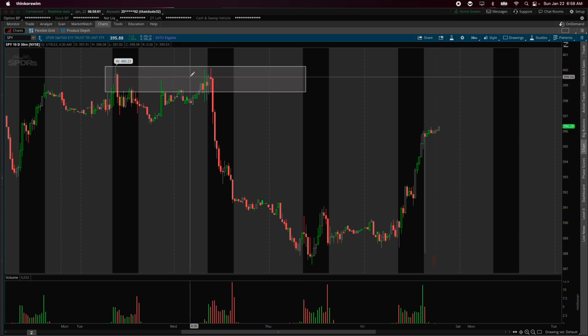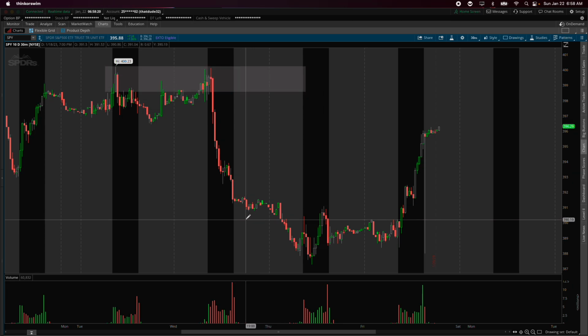But here's what I really like. I like seeing that yes, this was fresh price action. This literally just happened the day before, and as you see, we respected that supply zone beautifully. But here's the things that I really like to see when I'm drawing zones.